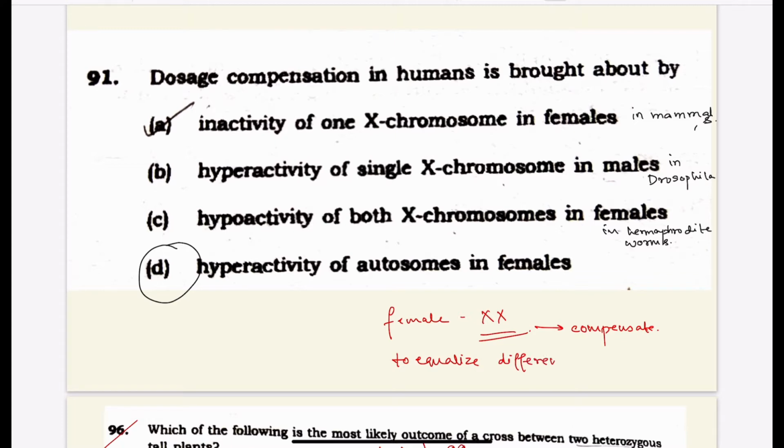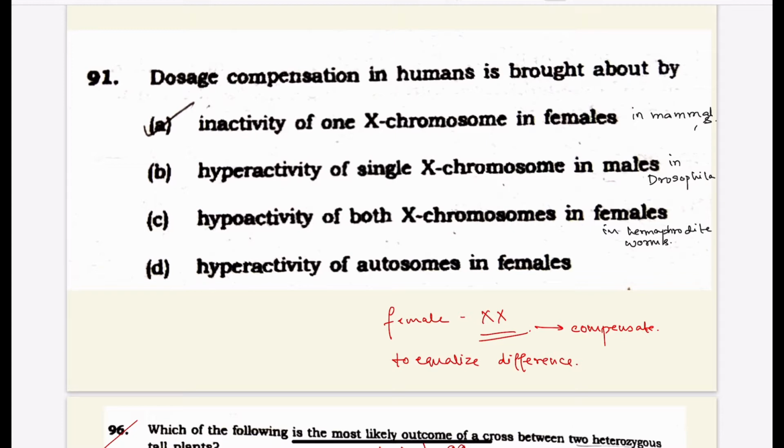Different organisms have different strategies for this. The options given are inactivity of one X chromosome in females, hyperactivity of single X chromosome in males, hypoactivity of both X chromosomes in females, and hyperactivity of autosomes in females.